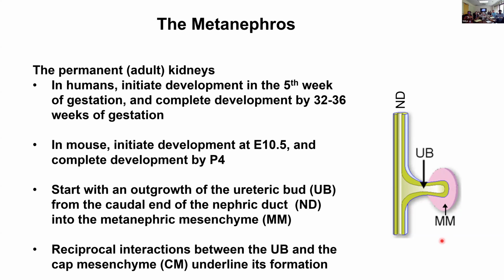After this, there will be repetitive events of two processes, which involve the molecular interaction between the ureteric bud epithelium and the metanephric mesenchyme, later called cap mesenchyme. Their interactions drive that event, which at least defines the cortex of the metanephric kidney.